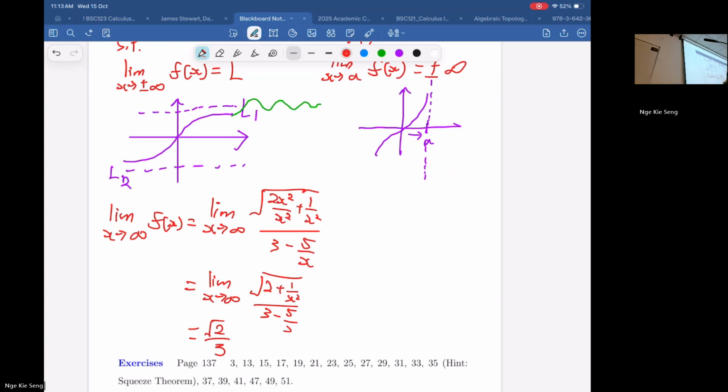How about going to negative infinity? Does a similar calculation work? If you put negative infinity, you go to the negative side. 1 over x squared still decays. If you still cannot understand what I said, you really have to draw. 1 over x squared looks like this. 5 over x, actually this is a minus 5 over x, so it's something like this.